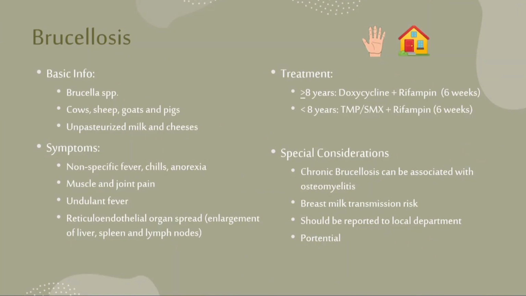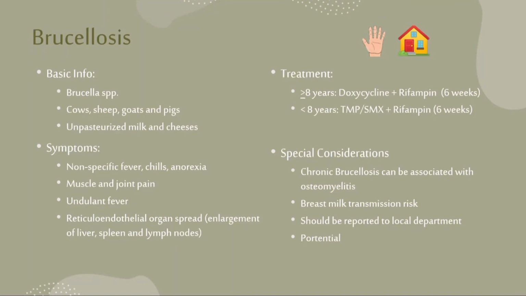You get it from unpasteurized milk and cheeses, which is the most common way of getting this. We have families that do goat's milk formula that they sometimes make on their own, so that would be something to look out for in this group. And then cheeses that are made from unpasteurized products.